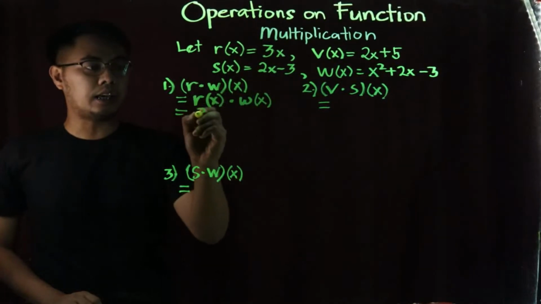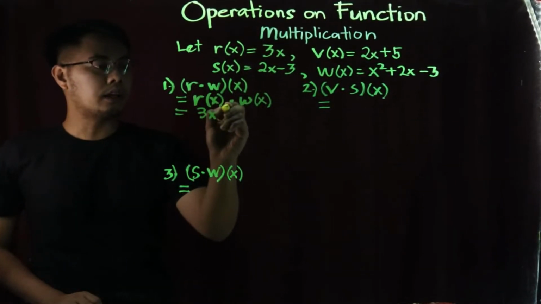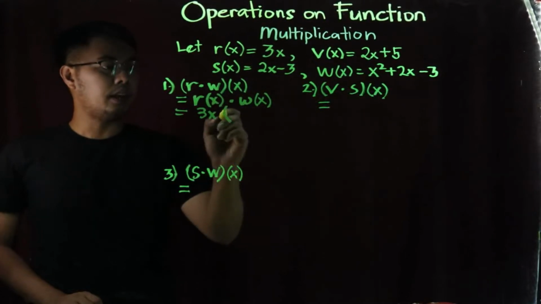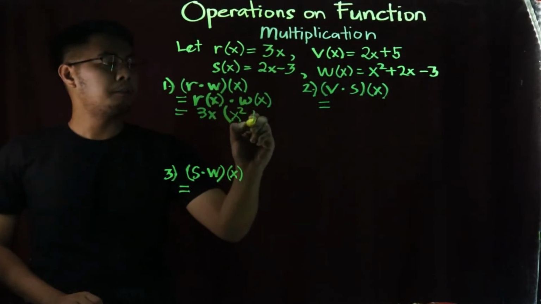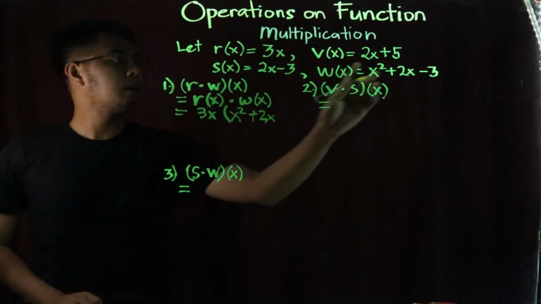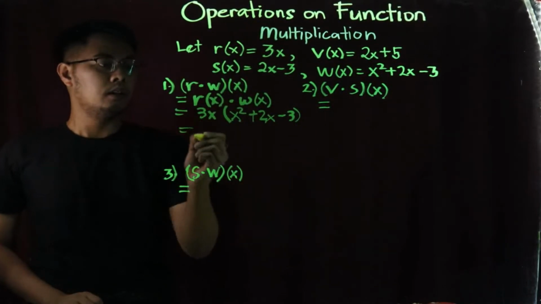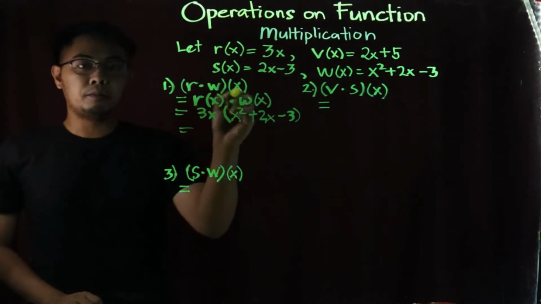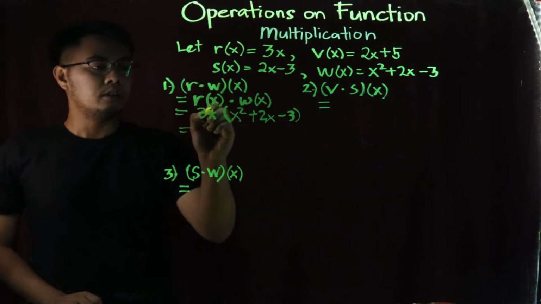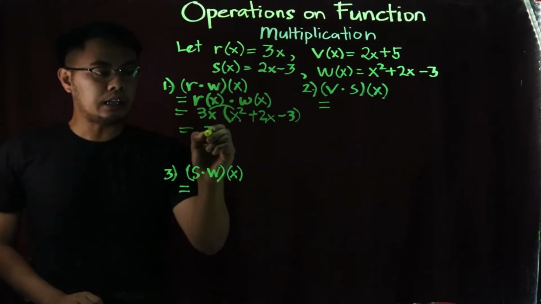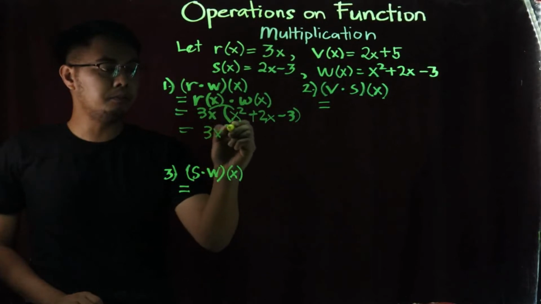That is 3x times the w function, x squared plus 2x minus 3. Okay, so we're going to apply the distributive property. So 3x times x squared, that is 3 times x cubed.